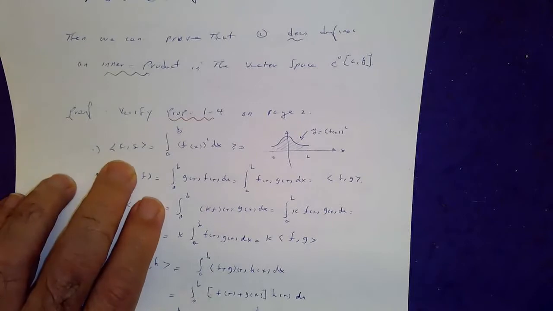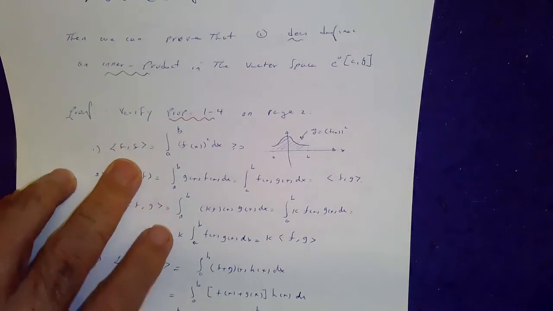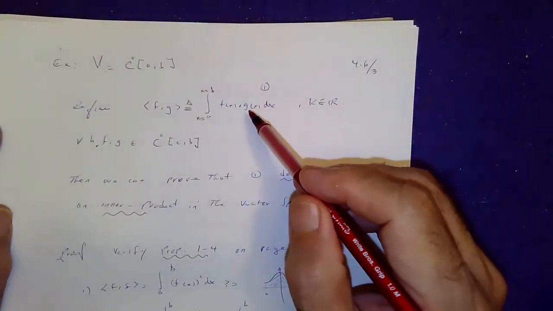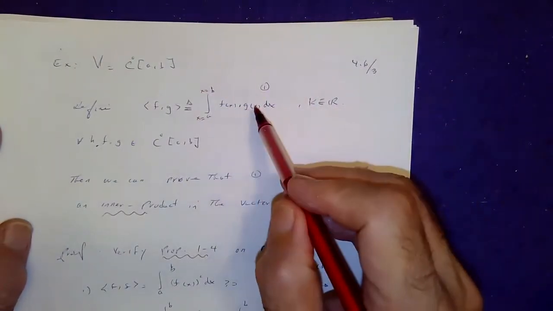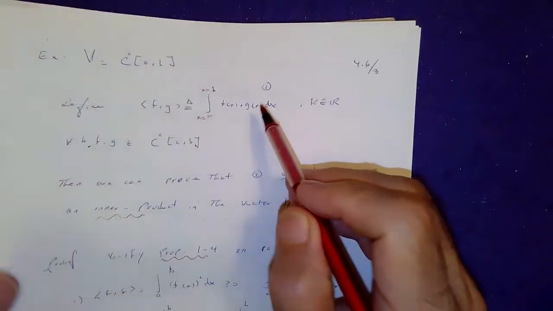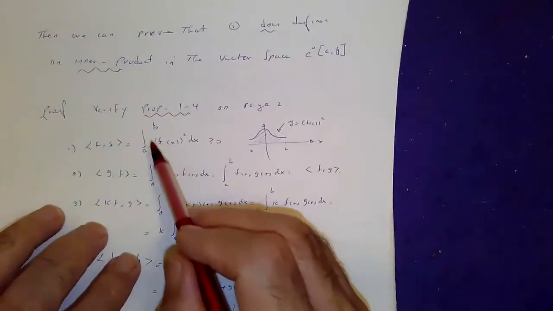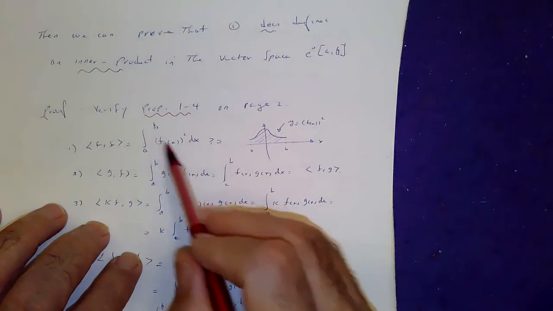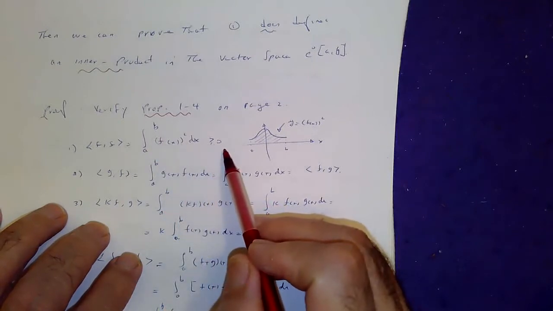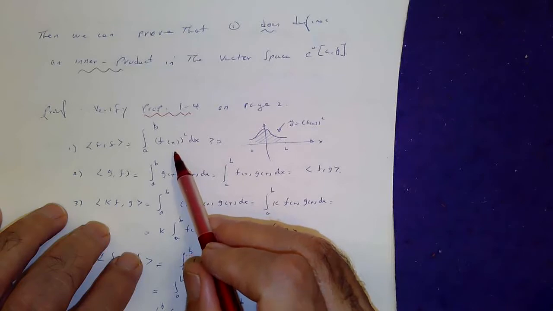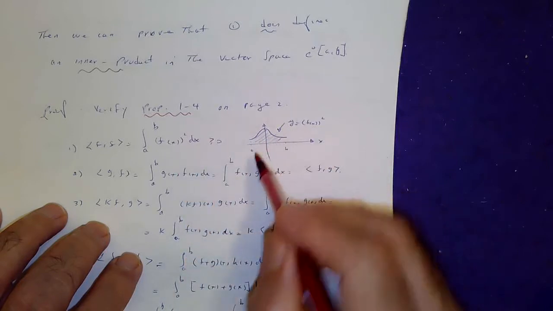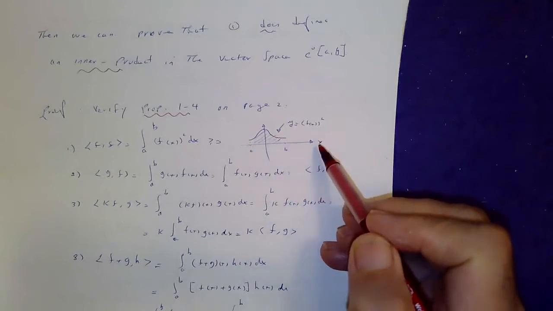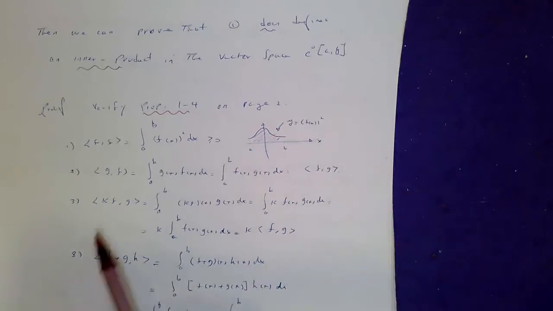First one is positivity. Take the inner product of f with f, but notice how the inner product is defined. If you replace this g with f, you get the definite integral of f(x) squared from a to b, which is a positive number because the function is positive. So the area underneath the curve, which lies entirely above the x-axis, is also positive.